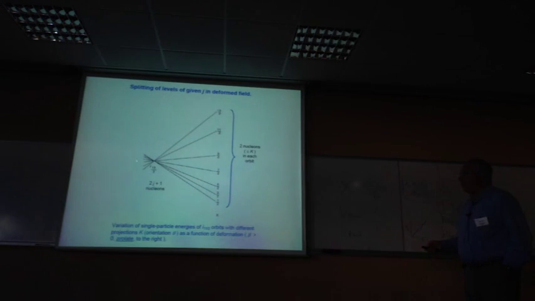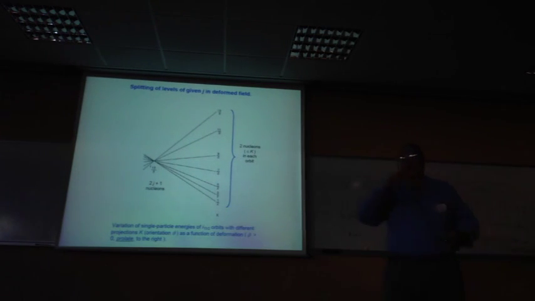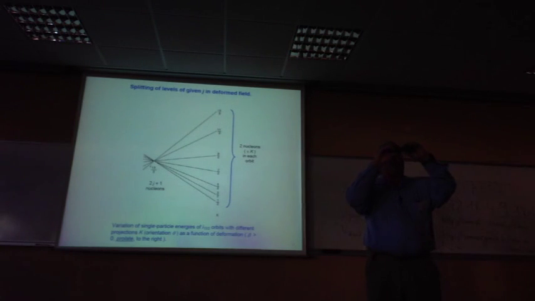In the independent particle model, you can put 14 particles, 2J plus 1, in this orbit. In the Nilsson model, the energies of the particles depend on this particular angle of the orbit. And you can put 2 particles in each of these orbits. The reason you can put 2 is you can have one going around the nucleus this way, and the other going around the nucleus this way. If you make the approximation that the nucleus isn't rotating while the particle does that orbit, there's nothing that distinguishes these two.